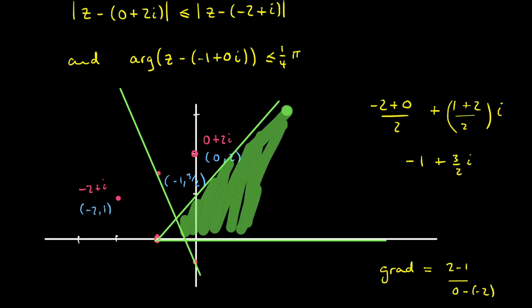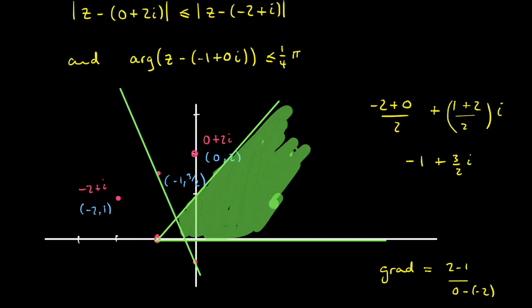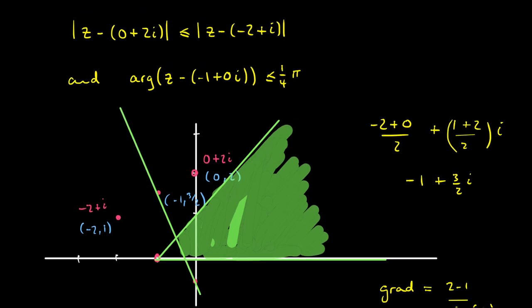Okay, that one there. I hope that's a bit more clear. Let's just get that in. So that whole thing. Right, so I can't be here, because if I'm here, I don't satisfy the argument inequality, and I can't be in this little tiny region there, because if I'm in that tiny region, I don't satisfy the top inequality. Okay, all right.